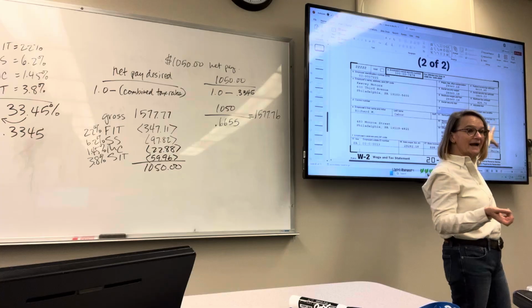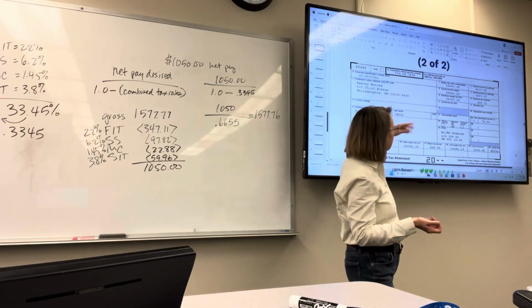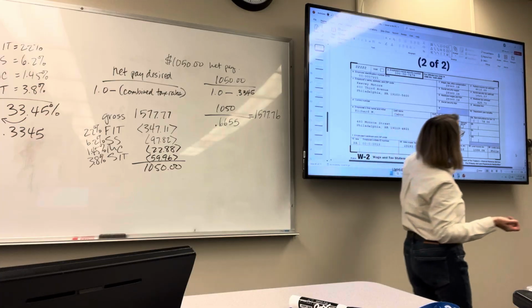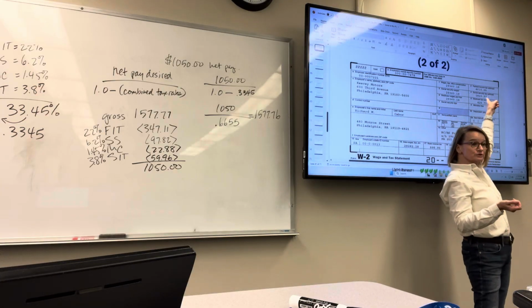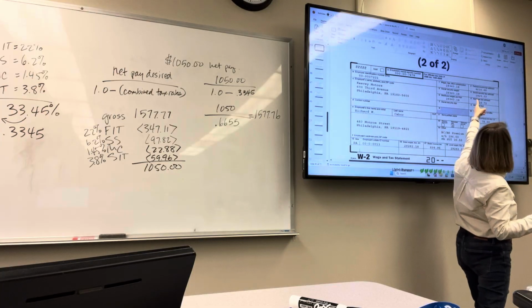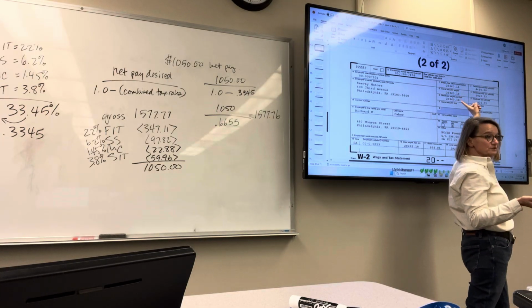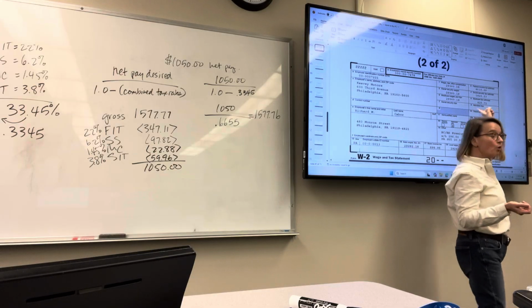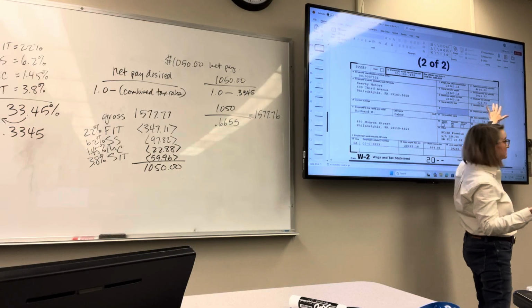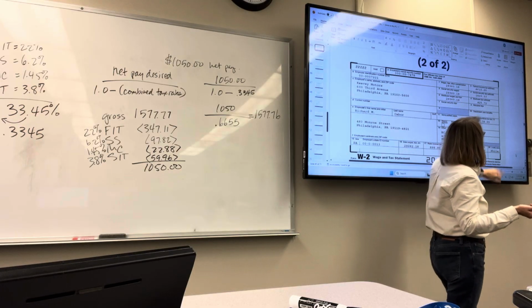And I'm actually going to point out how they made a mistake on this W-2 here in our example. But the corresponding Social Security and Medicare taxes then for box 3: Social Security taxes withheld, box 4. Social Security wages, box 3. So the corresponding taxes that were withheld for those wages are listed over to the right.